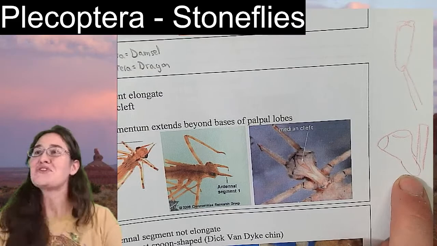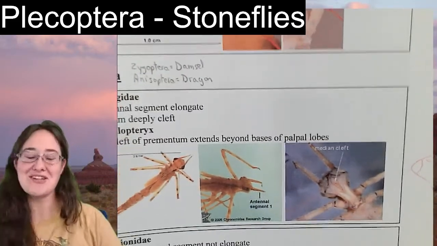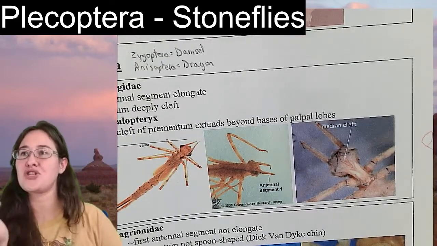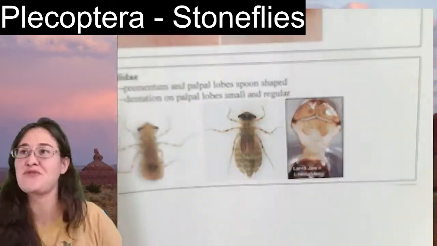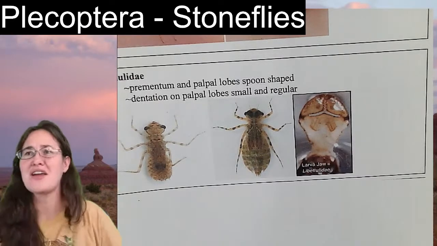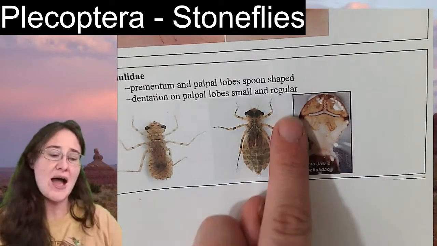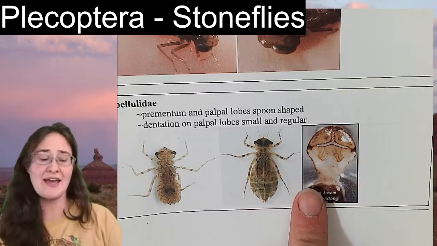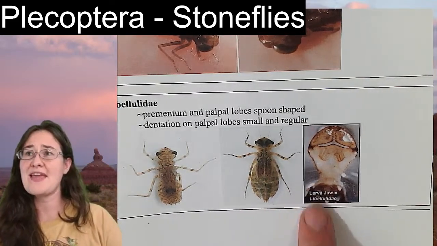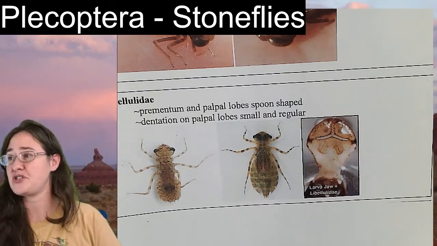And there are a couple videos on YouTube of slow motion of dragonflies eating things, or damselflies catching mosquitoes out of the water. It's really the coolest thing. There are some dragonflies that get so large that they can eat small tadpoles and small fish.